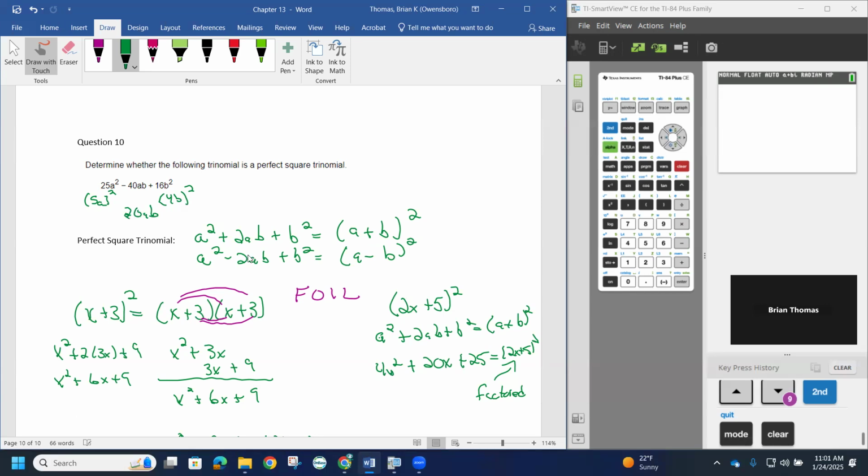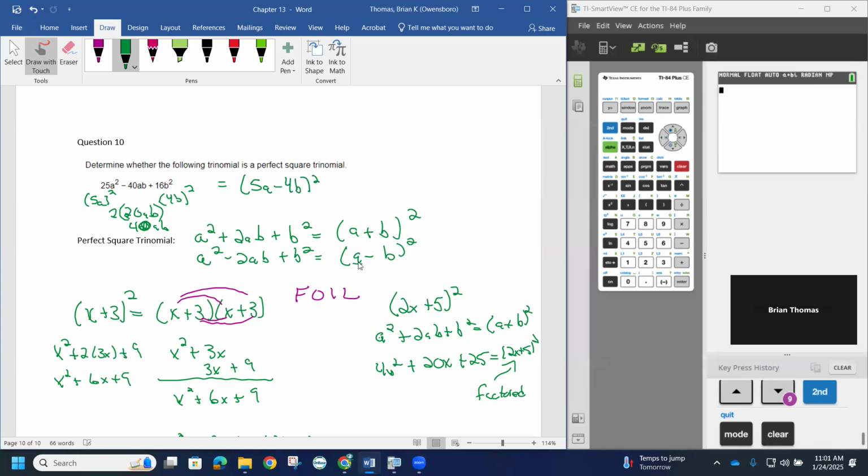But the catch is you have to double it. You got to multiply that by 2. So if I multiply by that 2, do two 20ab's give you 40ab? Yeah, it does give me 40ab. So this tells me that this is a perfect square trinomial, and it would factor into this (5a minus this 4b) squared.